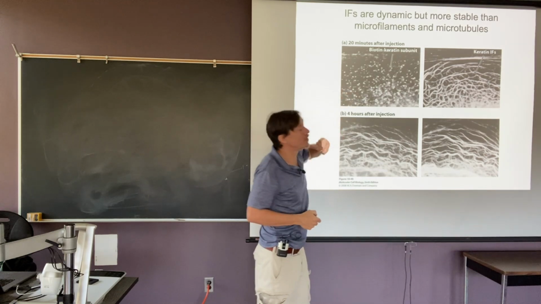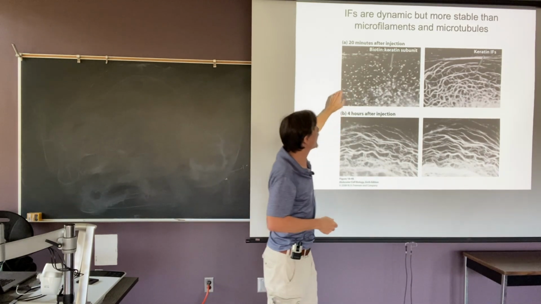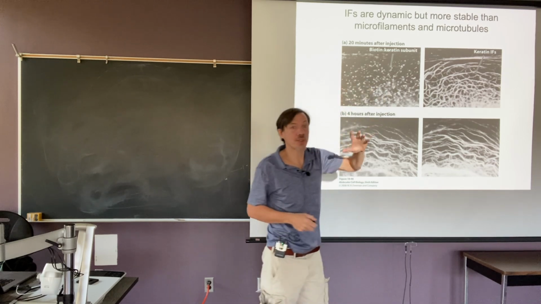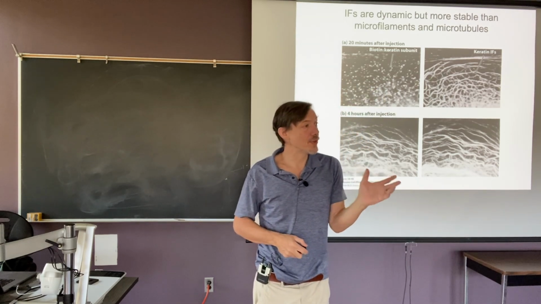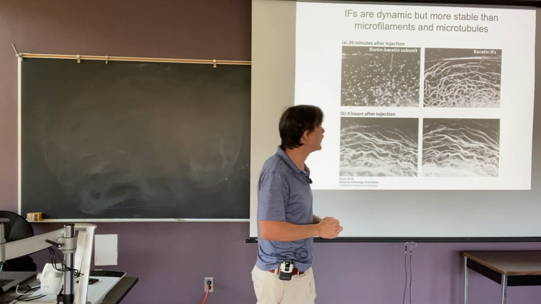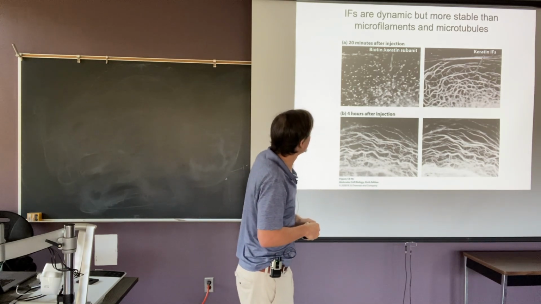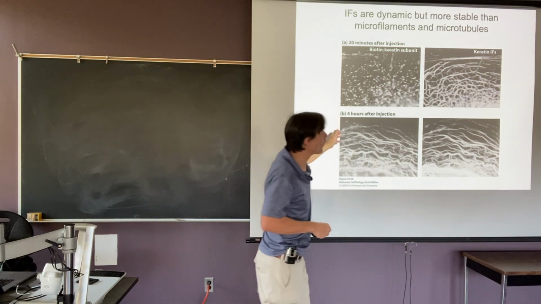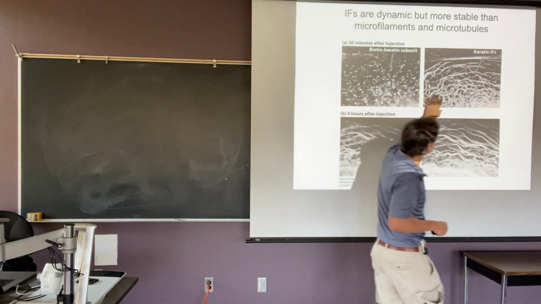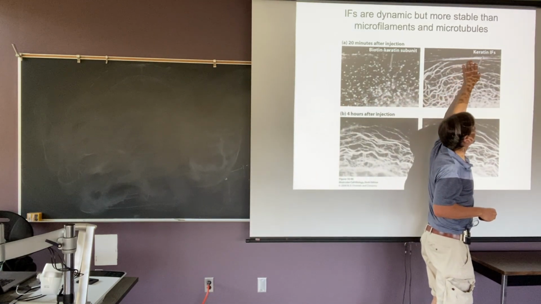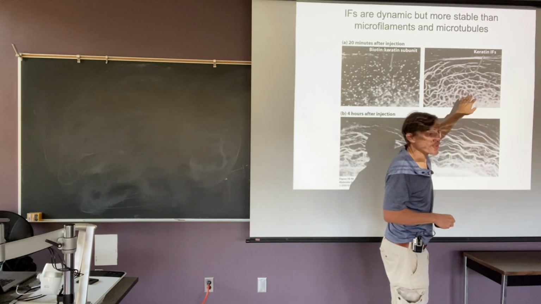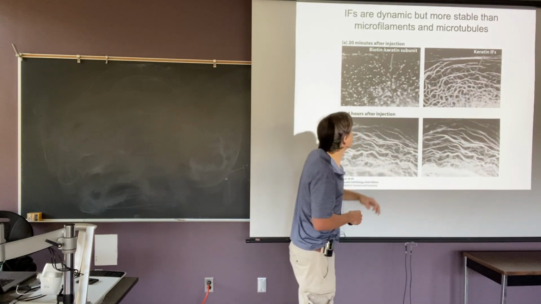this cell has been injected with these subunits, and about 20 minutes after injection, there's these tiny little spots that are showing up in the cell. And this is showing us that there's a little bit of formation of intermediate filaments. If you come back at 4 hours after injection, well, actually, just to explain this figure, this is showing the keratin intermediate filaments as a total, as a sum. That's showing us everything.